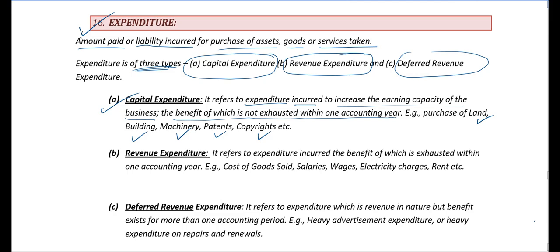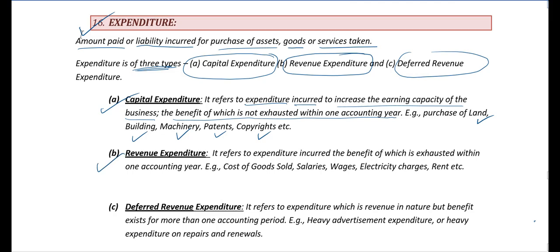And remember, the benefit of this expenditure is not exhausted in 1 year. The land is indefinitely with you. The building also stays with you for a very long period of time. So the benefit of that expenditure is not exhausted in 1 year. So that is called capital expenditure.